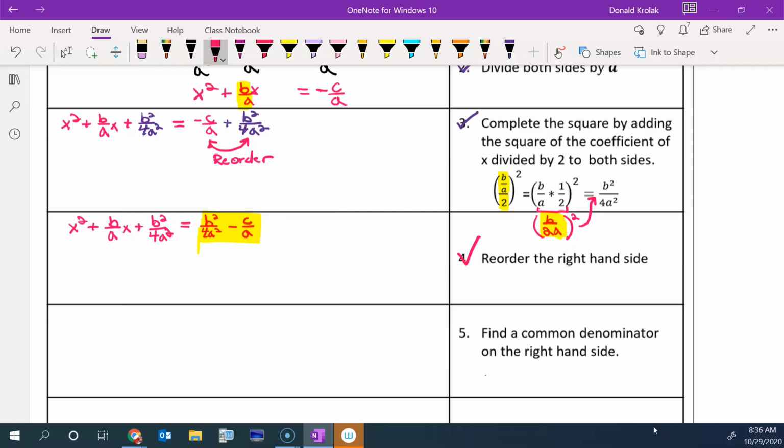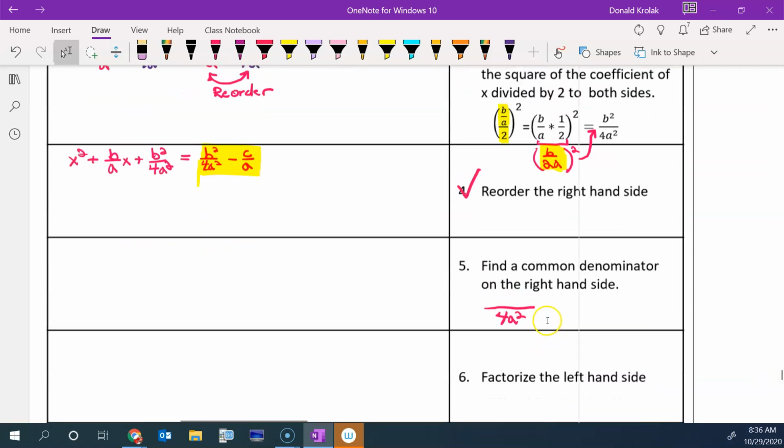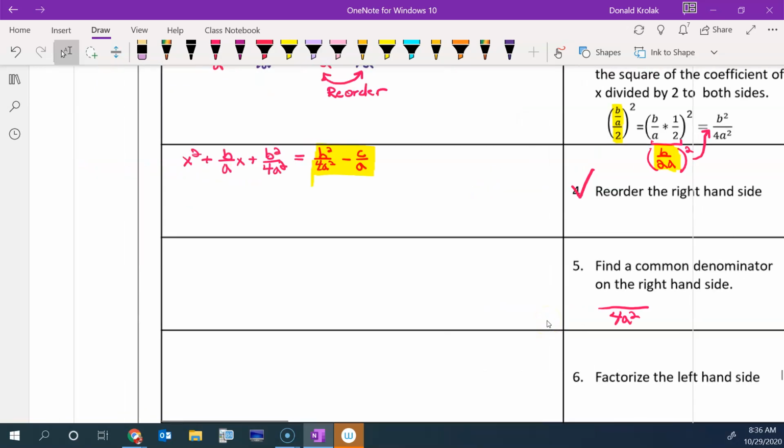The common denominator is going to end up being 4a squared. So when I do that, I can add these two up.